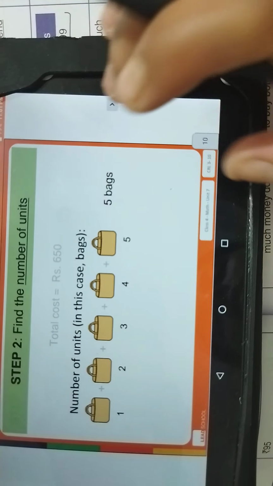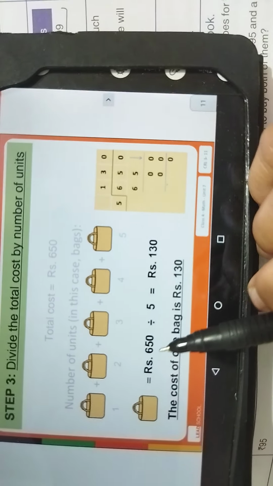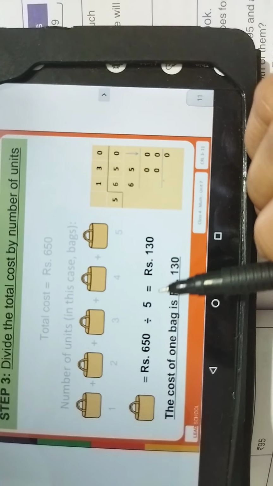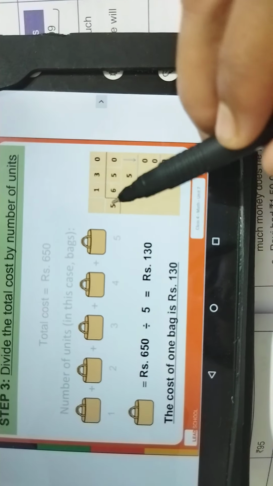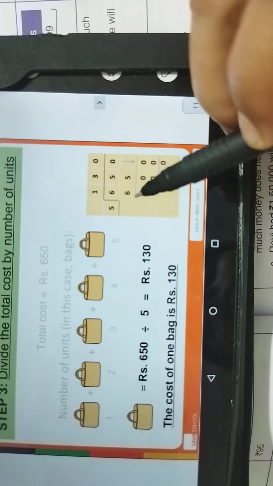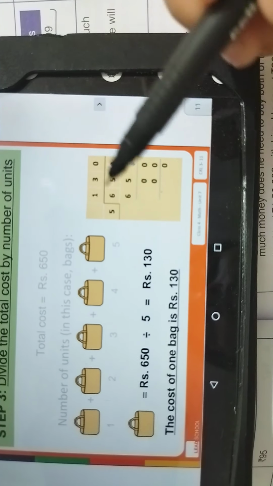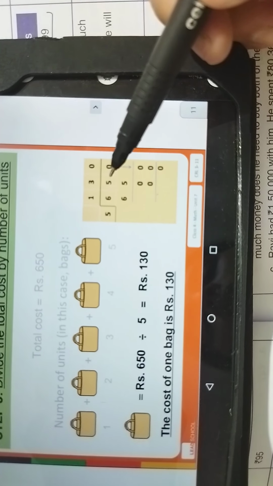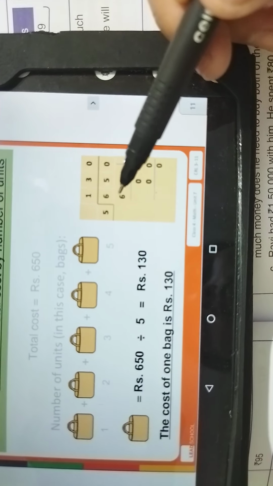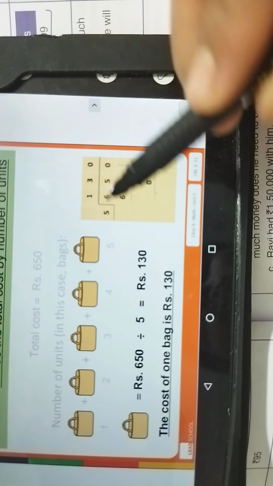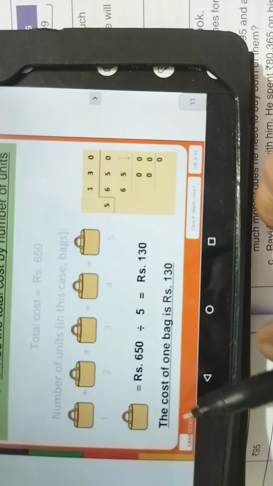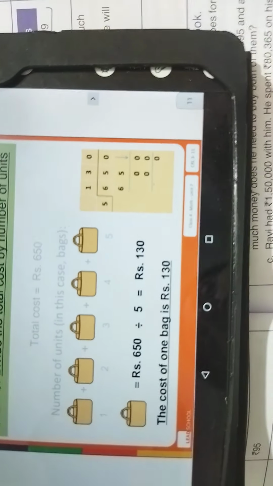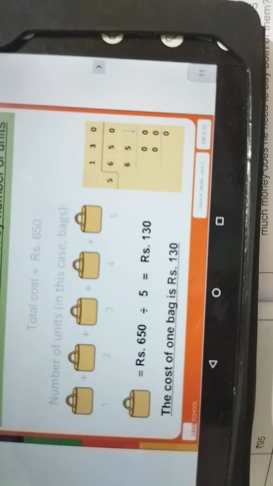So in that, ₹615 divided by 5 is equal to 123. 5 1s are 5, 5 2s are 10, and 5 3s are 15. We have to write 5 here. So we'll get the answer. The cost of 1 bag is ₹123.